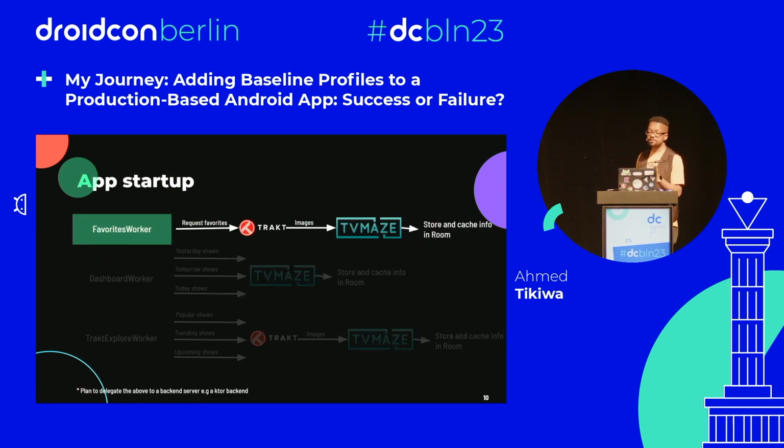Then the favorites worker is only executed when the user is logged in to their Trackit account. If they're logged in, it makes a request to the Trackit API for the user's favorite shows. The images from TV Maze are under Creative Commons license, unlike the ones from the Trackit API, which you can't really freely use.